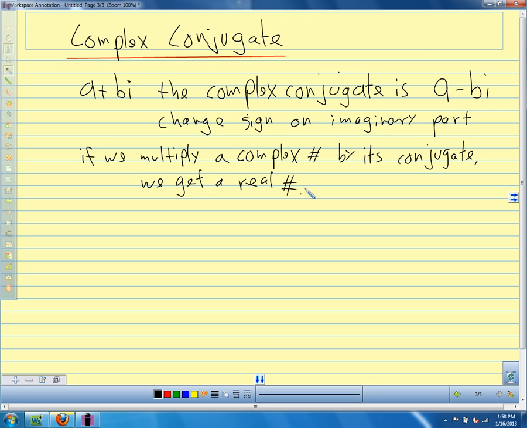So that's one reason why it's useful. And what we use the complex conjugate for is to divide complex numbers.